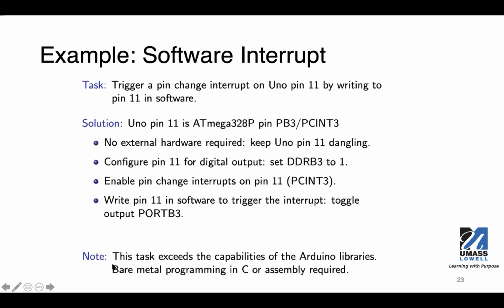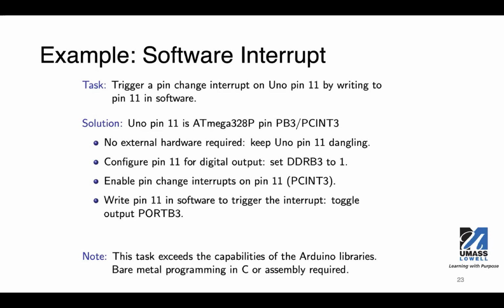Okay, and there's a note for this kind of software interrupt. It's not available in the Arduino libraries. You need to write C or assembly, doing bare metal programming, and we'll talk about bare metal programming in the next class. So far in what we have done in the labs, you use the Arduino IDE and the libraries to build different function blocks together, adding control flows, adding state machines.